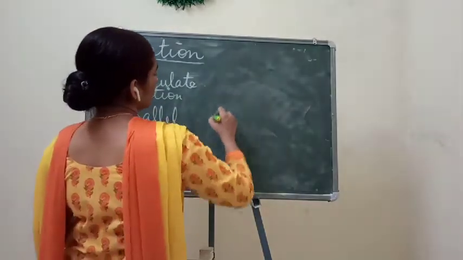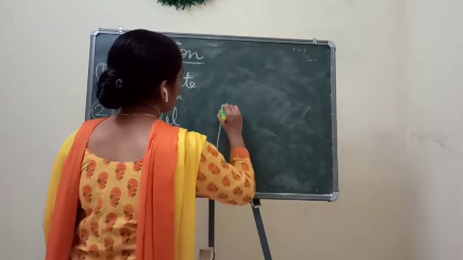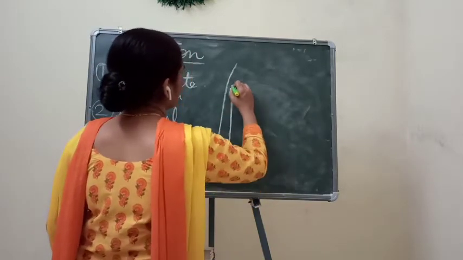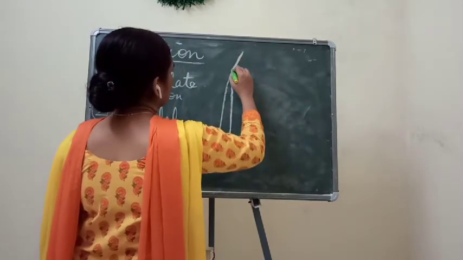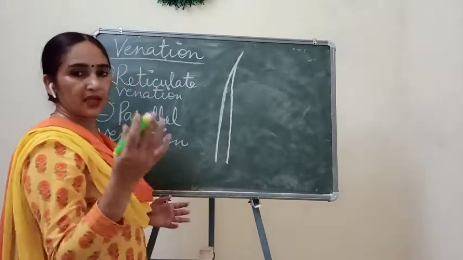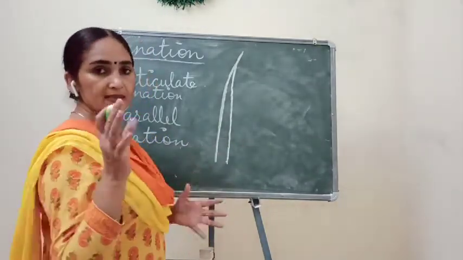Children, suppose this is a leaf of sugarcane, or we can say maize. I have brought a maize leaf for you.